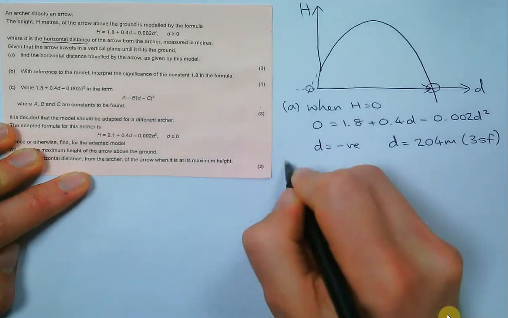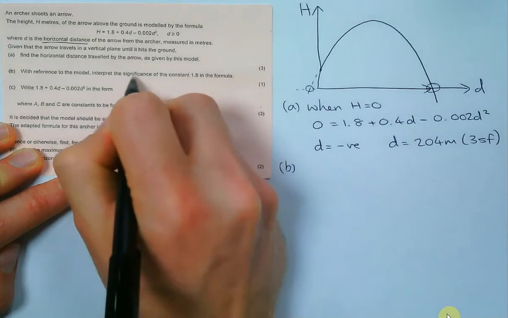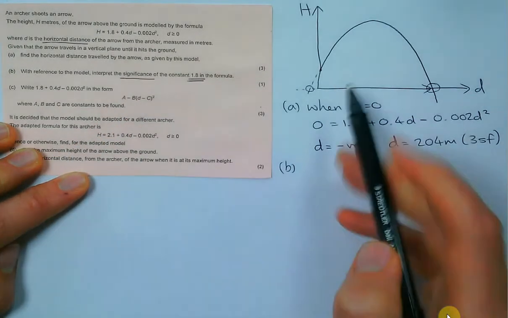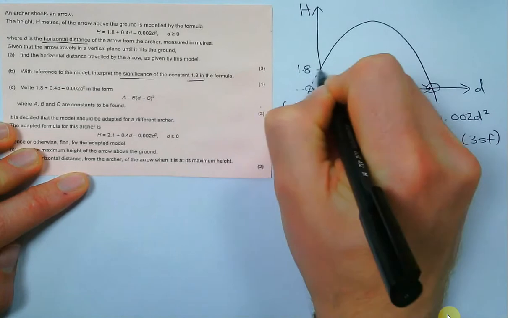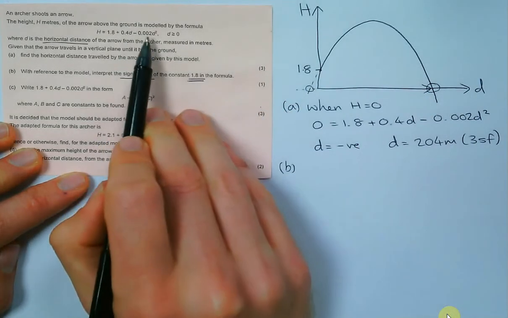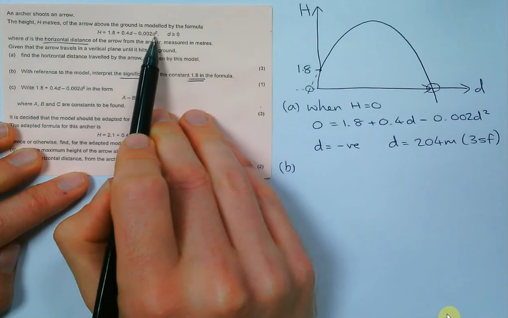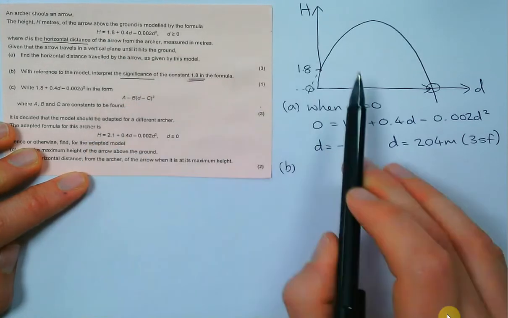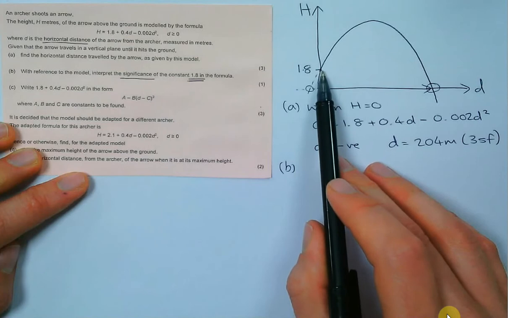Now part B asks for the significance of this constant 1.8, and you see this 1.8 here is when D is 0. If you put D to be 0 there, this is the starting height of the arrow. It's 1.8. So that means this is the position of where the arrow is being fired from.